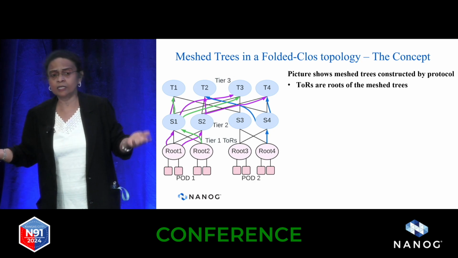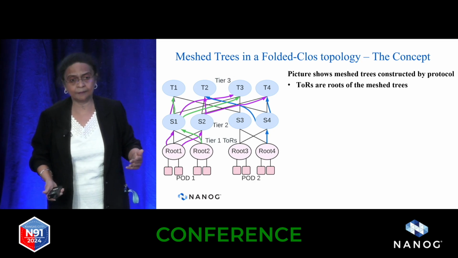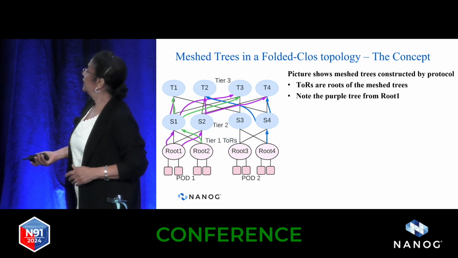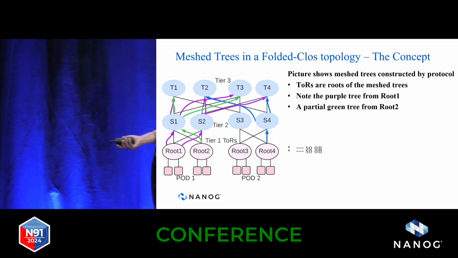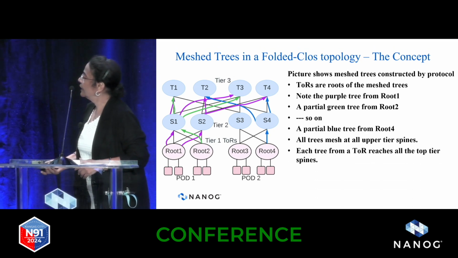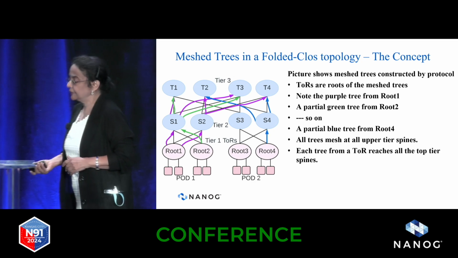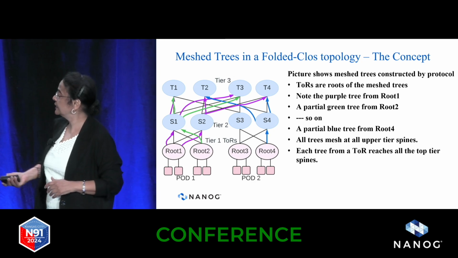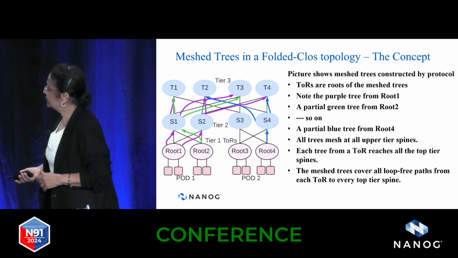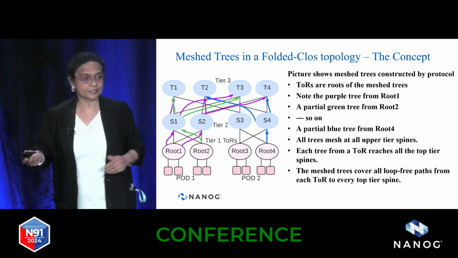So I have all the possible paths established. Okay, so I'll go through that quickly. All trees mesh at upper tier spines, I have covered that. The mesh trees, I think I've covered everything in my explanation.